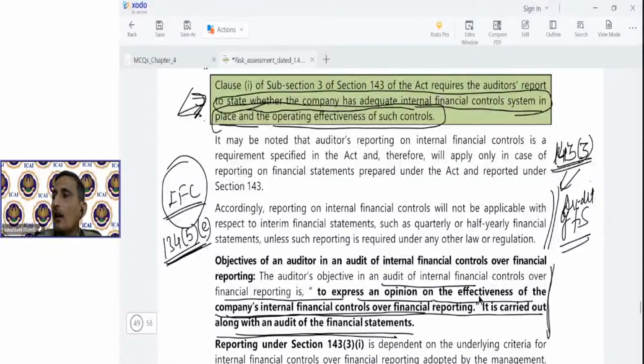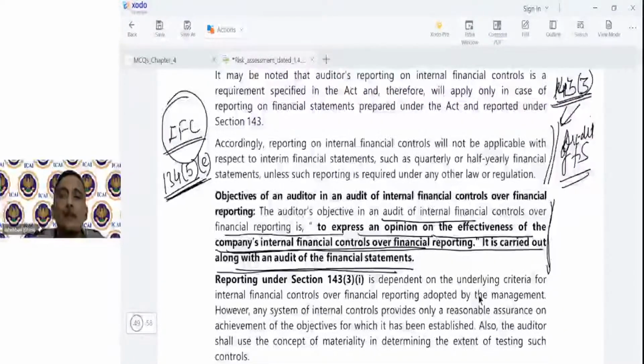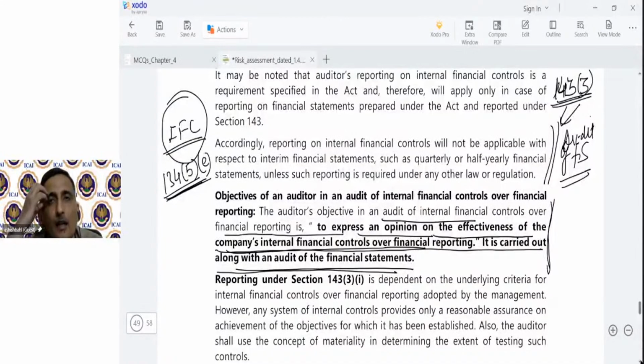So simultaneously, along with the audit of financial statements, it is carried. What is carried? Expression of opinion on internal financial controls.